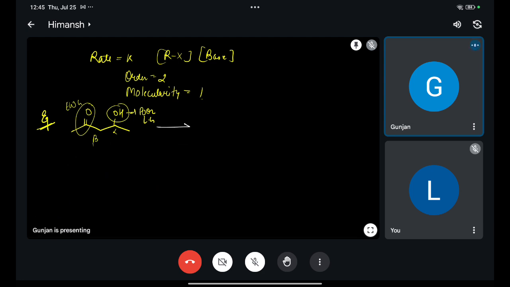So when we add alcoholic KOH and heat it, we get a double bond; the leaving group is removed and we get a double bond over here. Right? So for E1cB to proceed, we require a poor leaving group and an electron withdrawing group on the beta carbon. Is it clear? Yes, ma'am.